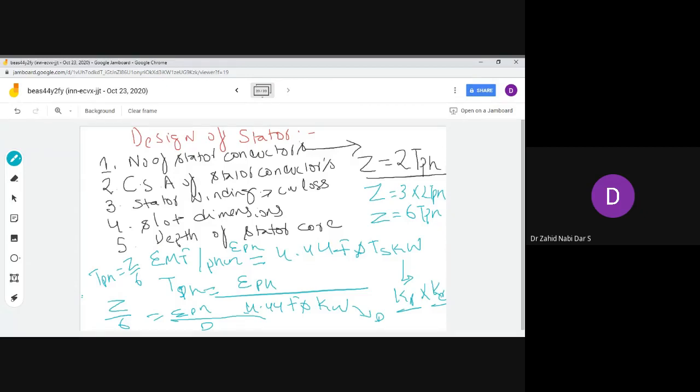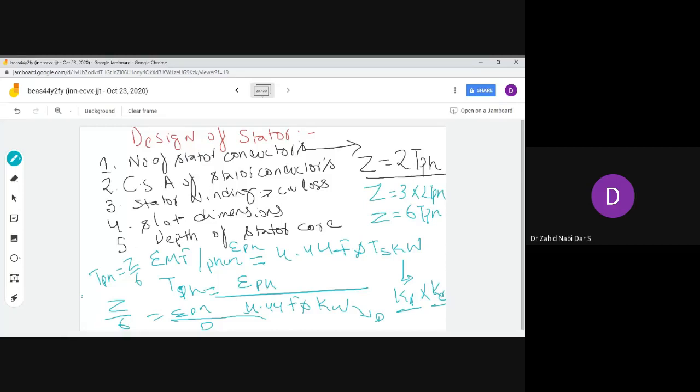Now let's go for the cross sectional area. As far as the cross sectional area of the stator conductor is concerned, let As be the cross section of the stator conductors in millimeter square. When you are calculating, you have to see the dimensions very well. If you are taking millimeter square, you have to take the cross sectional area also in millimeter square, because your current density will always be in ampere per millimeter square.